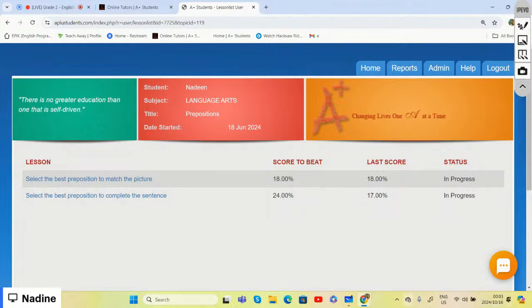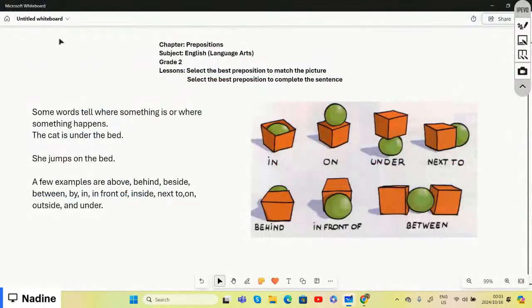All right. So our chapter is prepositions. Our subject is English language arts. We're doing grade 2.